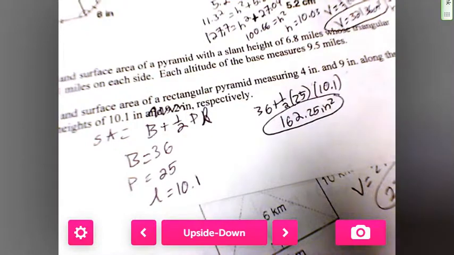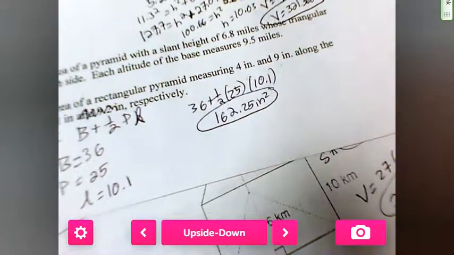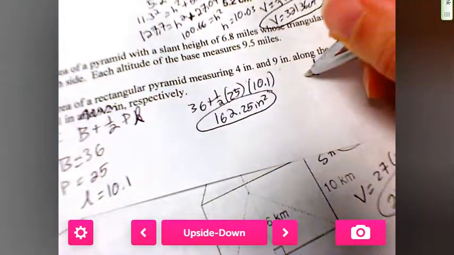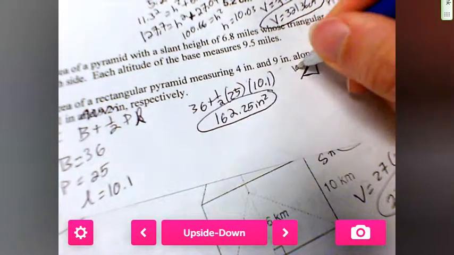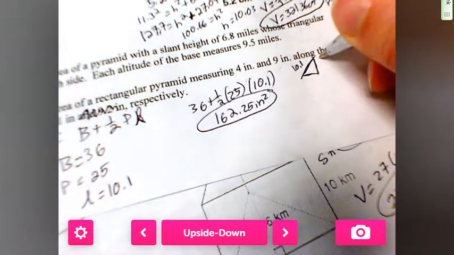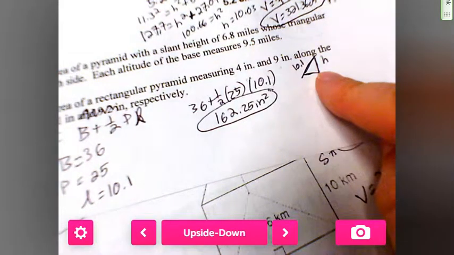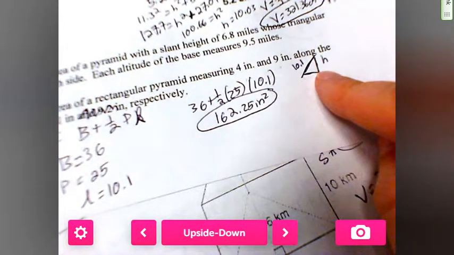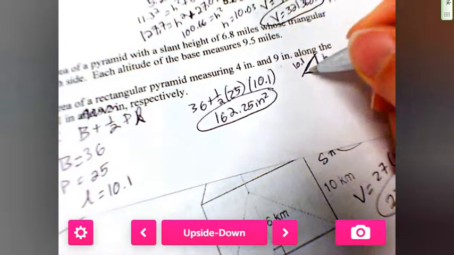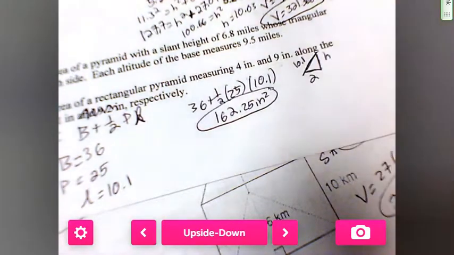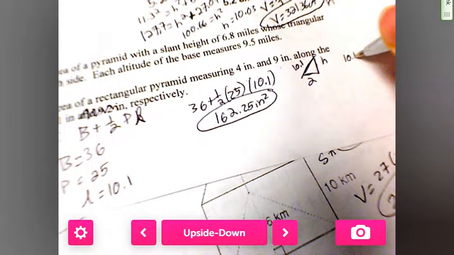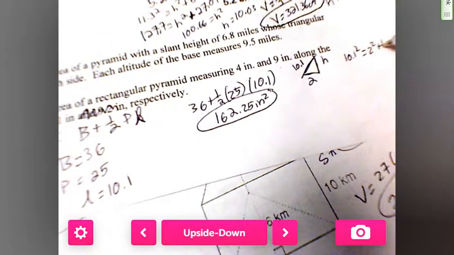Okay, the volume, I do not have the height. I know the slant height is 10.1. I'm looking for the height. What am I going to put on the bottom? Well, what's half of 4? 2. You could have also put half of 9, but that gives you a decimal, and I think this is easier. So we get 10.1 squared equals 2 squared plus height squared.